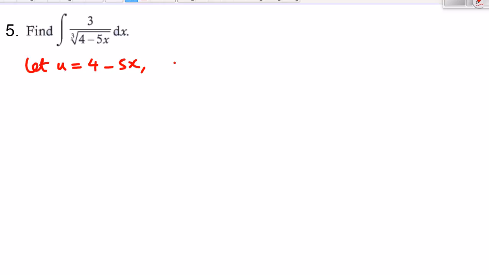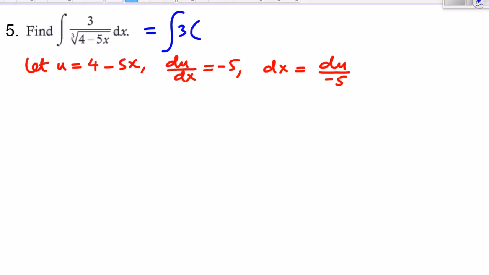So du over dx will be negative 5, which means that dx will be du over negative 5. Well, of course we can simplify this, just rewrite it. I should have started with that. That will be 3 into bracket 4 minus 5x to power negative a third dx.